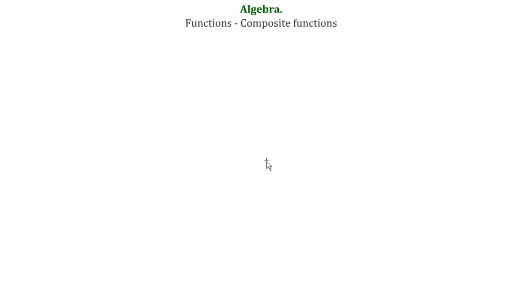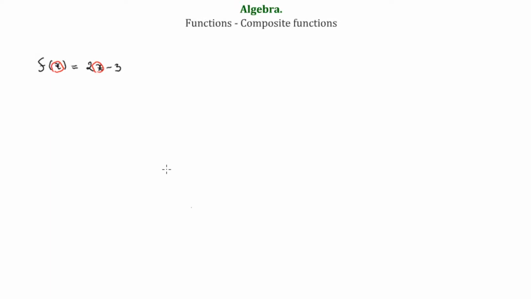We'll start out with a simple function, a variable x. Let's say then f of x is equal to 2x minus 3, where x can take any real value. Now what we know about this function is that its variable is named x.